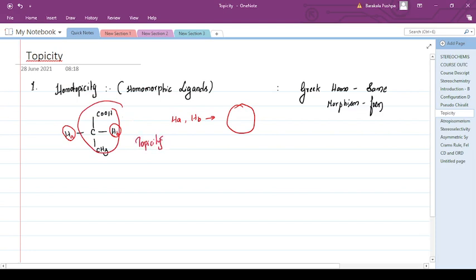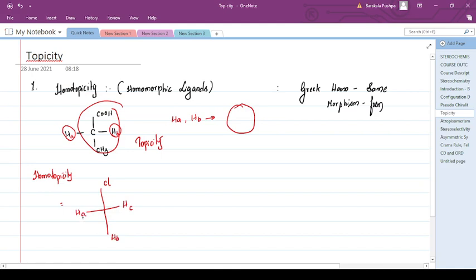Topicity. Now, another one is homotopic ligands. What are homotopic ligands or homotopicity? Topicity describes the relationship between the two ligands with respect to the molecule. Now let us consider an example. Consider the central atom carbon attached to four different groups: chloride, HC, HA and HB.